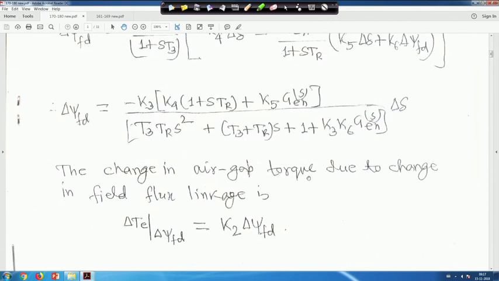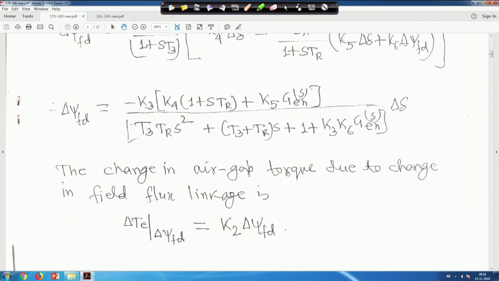The change in air gap torque due to change in field flux linkage, that is delta Te due to delta psi fd, will be K2 into delta psi fd, because if you go back to figure 30, there you will see K2 delta psi fd, and on this side it is coming K1 delta delta, that is delta Te. So delta T has two parts, one is K2 delta psi fd, another is K1 delta delta.